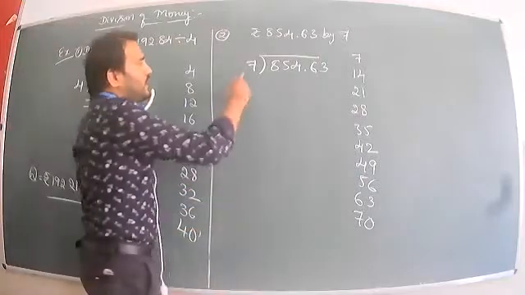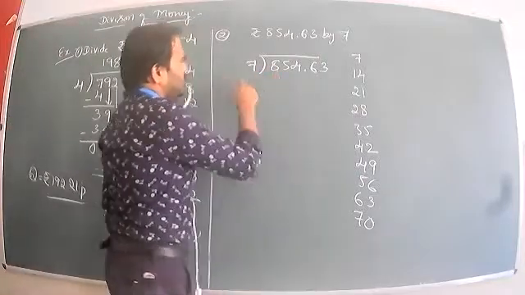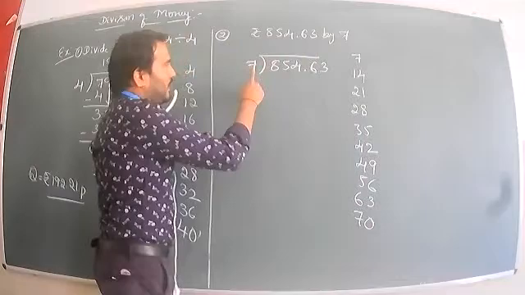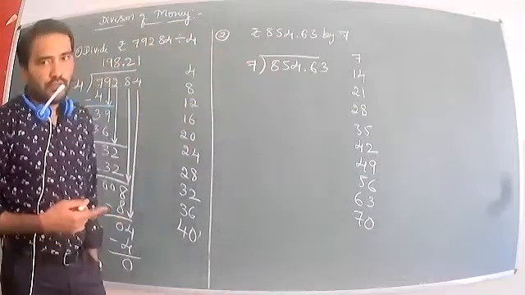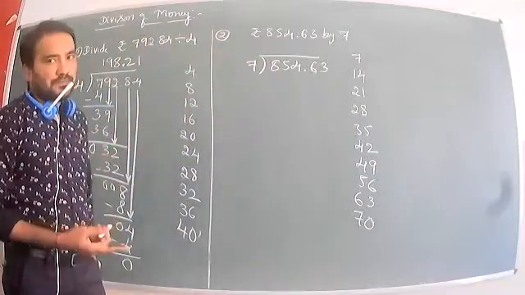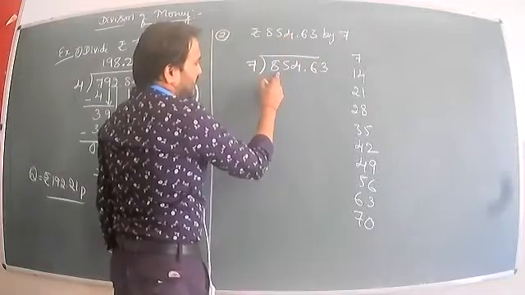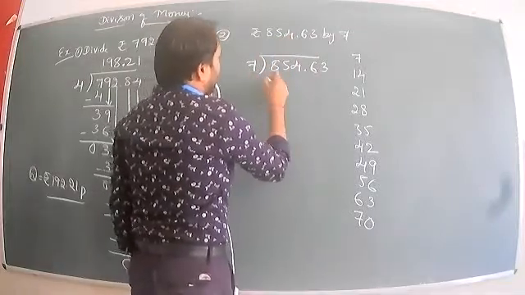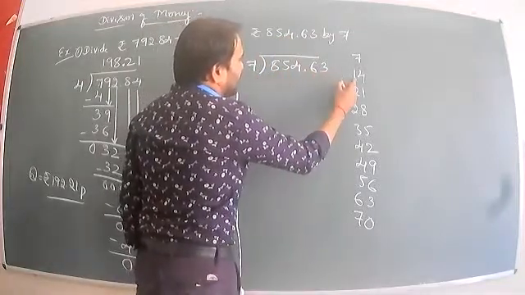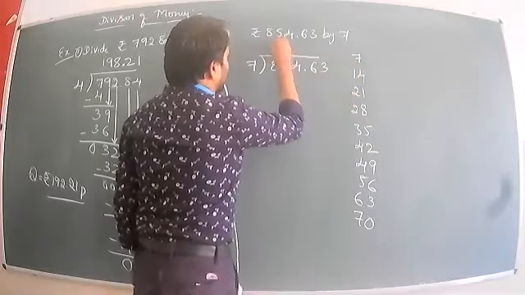Comparing the divisor and the first number of the dividend, 7 is not greater than 8, so we take the first digit, 8. In the 7 table, the nearest number to 8 is 7 1 the 7, since 7 2 the 14 is bigger.